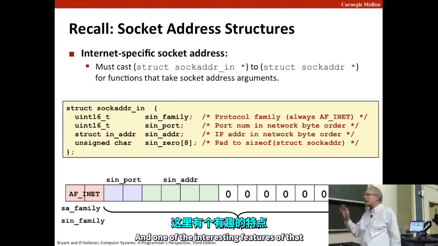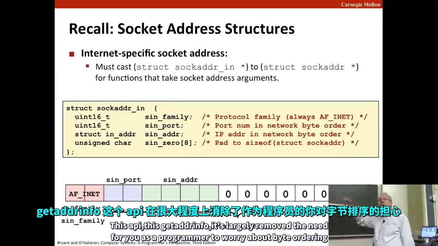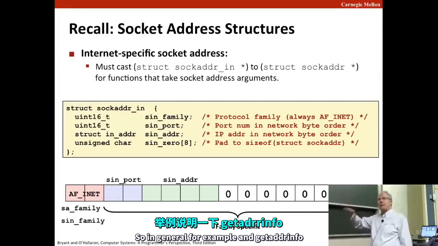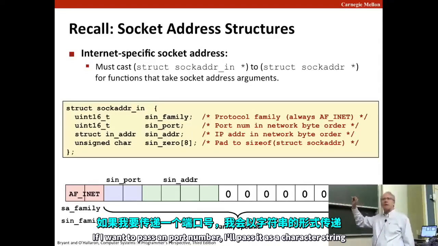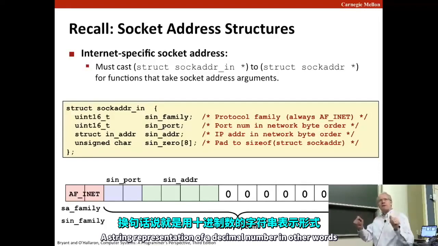And one of the interesting features of this API, getaddrinfo, is it's largely removed the need for you as a programmer to worry about byte ordering. And that's a nice feature. So in general, for example, in getaddrinfo, if I want to pass in a port number, I'll pass it as a character string, a string representation of a decimal number, in other words.